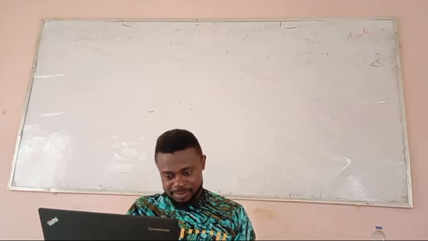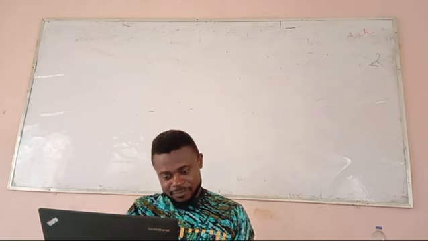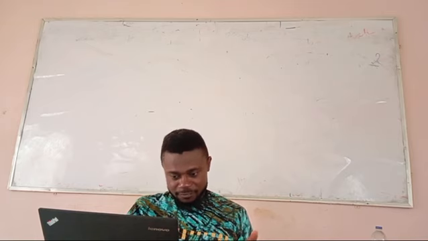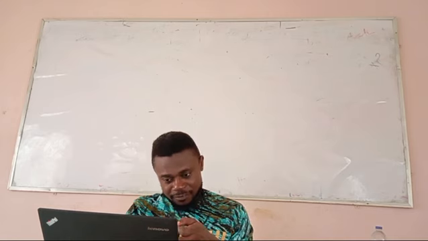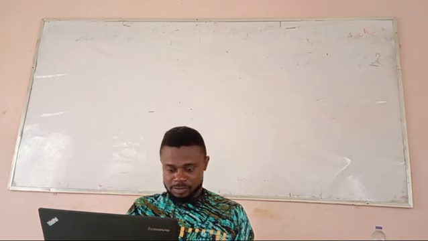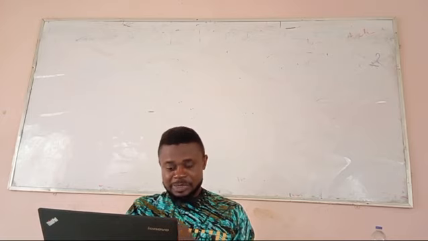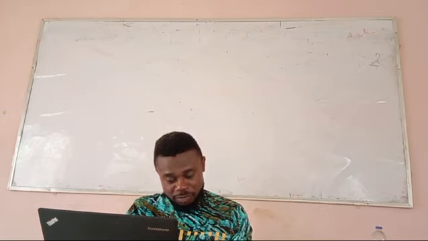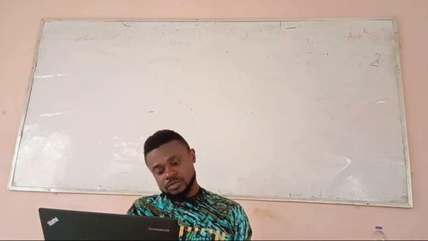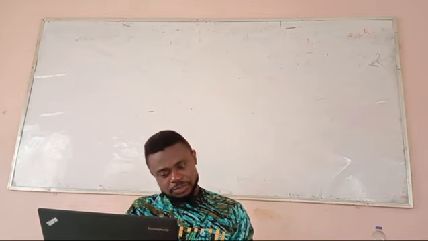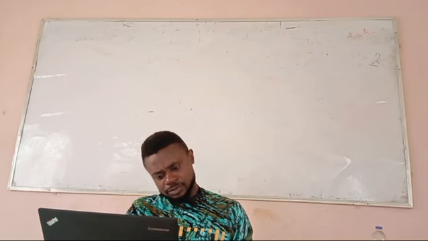D, none of the above. For D to be off, that means that none of the above is true. But A is true, B is true.